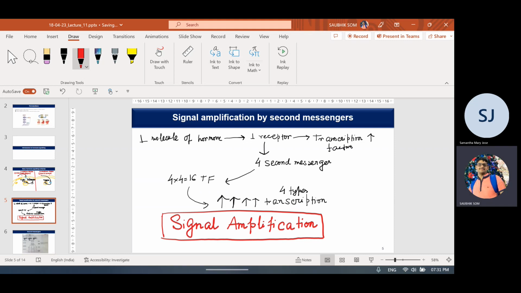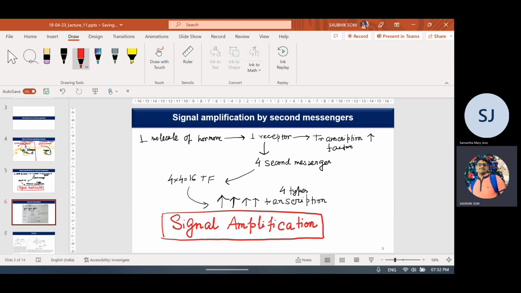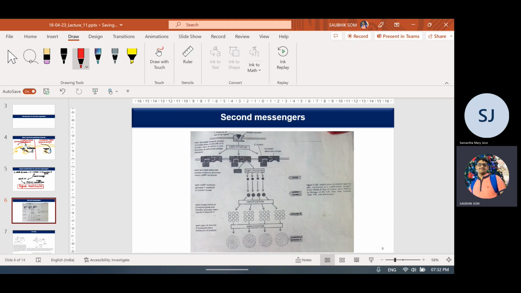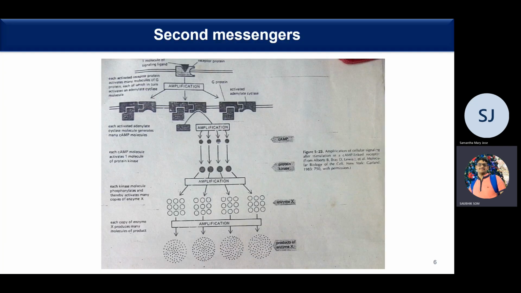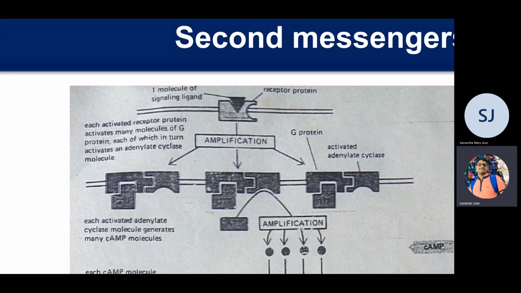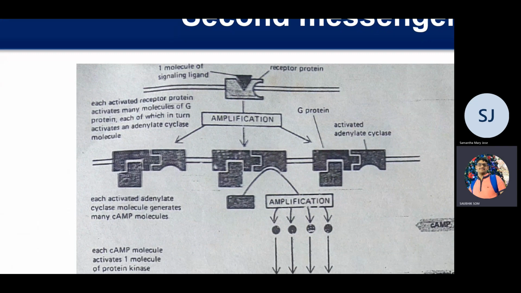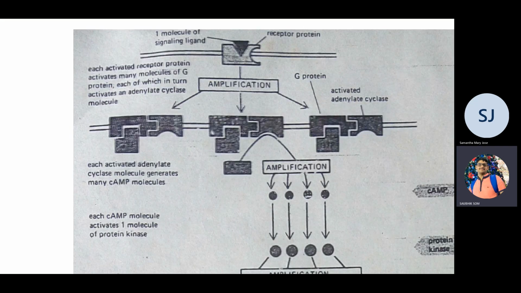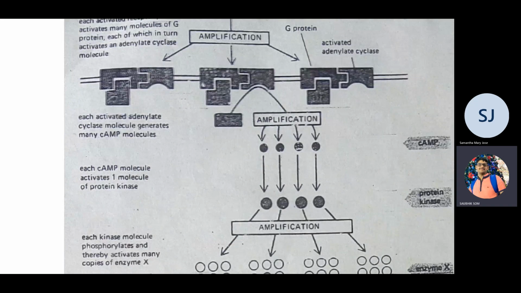This is a particular scheme of the hormone action, which is again described in this slide. As you can see, there is one molecule of ligand, and each molecule of ligand activates many molecules of G protein. G protein is kind of a receptor, which I'll come to later. This G protein can again activate multiple adenylyl cyclases. Then each cAMP molecule can activate one molecule of protein kinase.